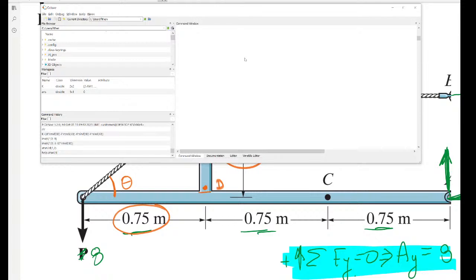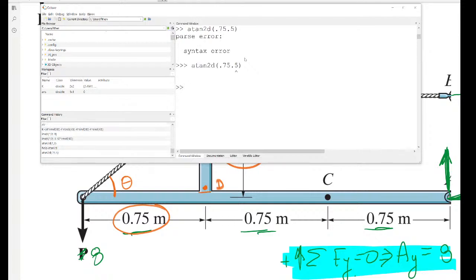So my x, 0.75, my y of 0.5, yeah. 56.31.